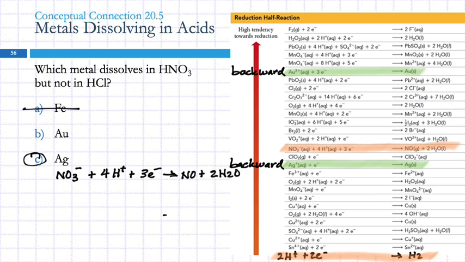And the silver is the backwards reaction. This side is nitric acid. That side is not nitric acid. This side is silver. That side is silver ion, which is not the same.